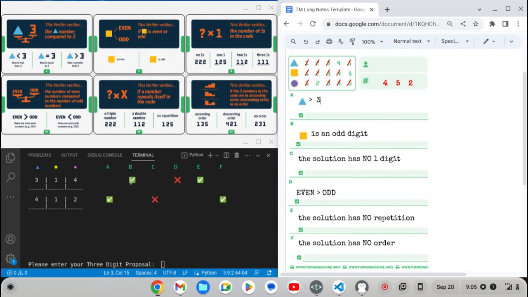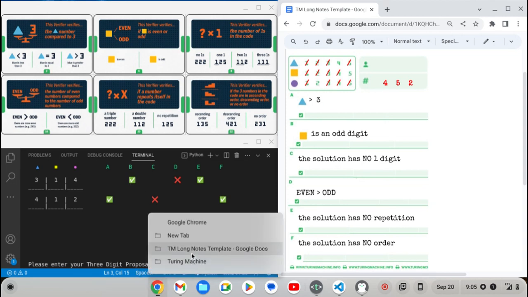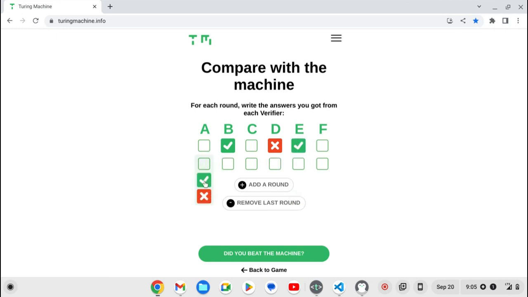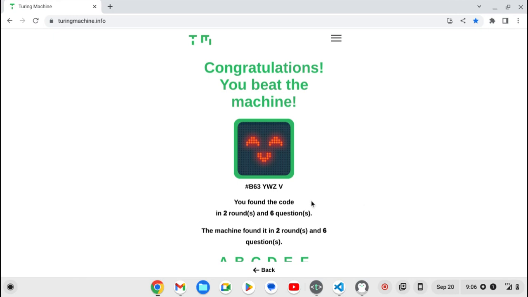In the first round we did B, D, E, and in the second round we did the remaining 3: A, C, F. So we tied it. We both solved the puzzle in 6 questions in 2 rounds, but a tie's a win.